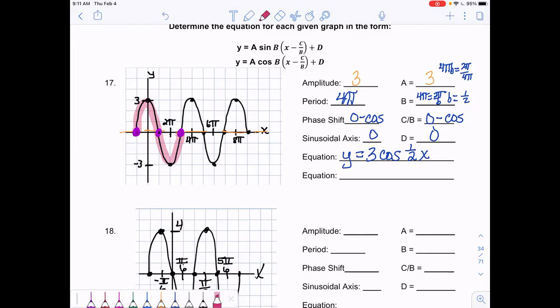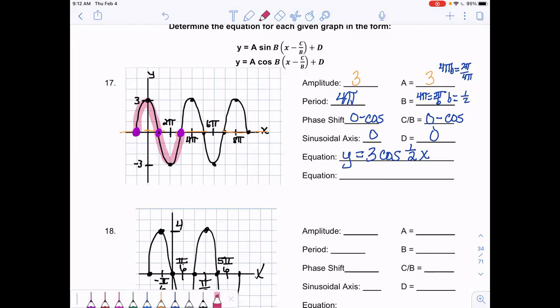There's only one change for sine, one difference from a sine equation to a cosine equation. Jenny, what's the one difference from changing an equation from cosine to, say, sine? The phase shift. And that's it. A doesn't change. B doesn't change. If there was a D, that doesn't change.